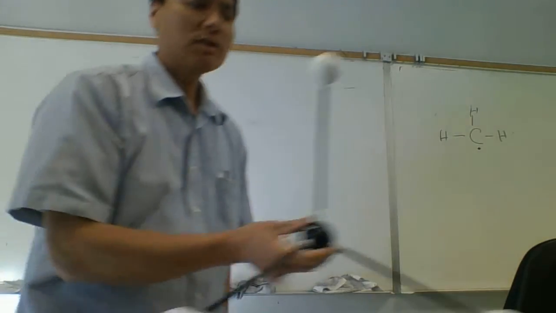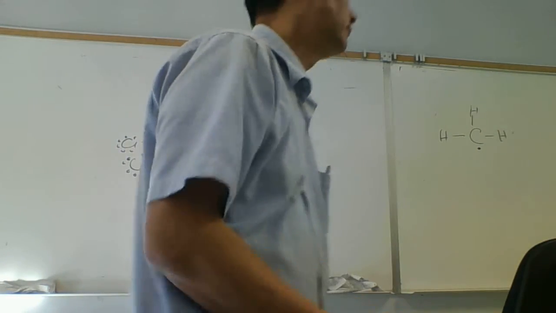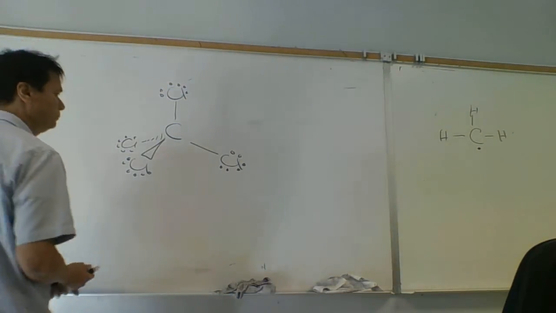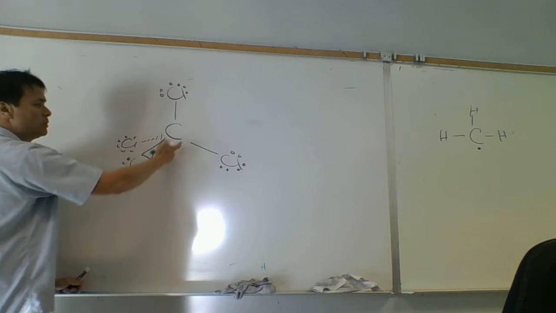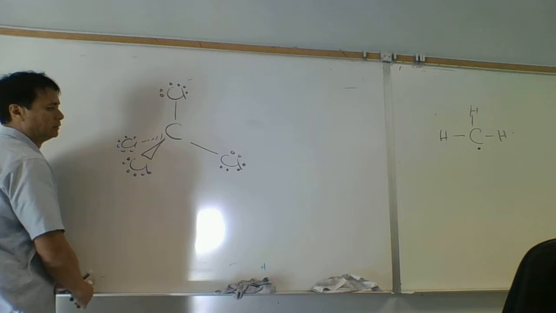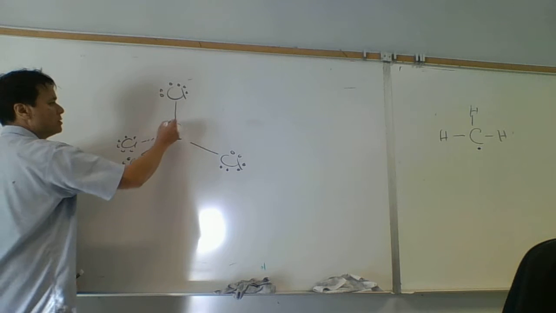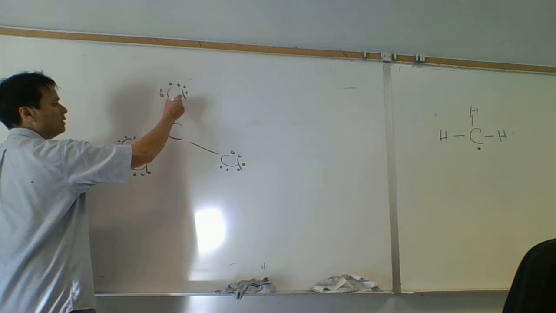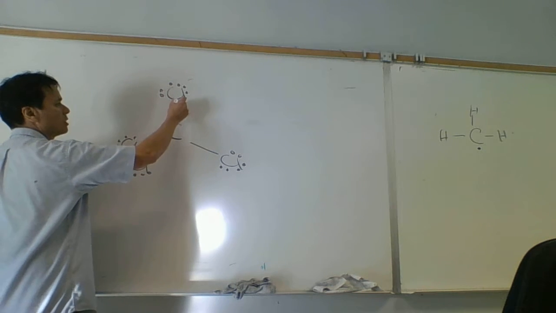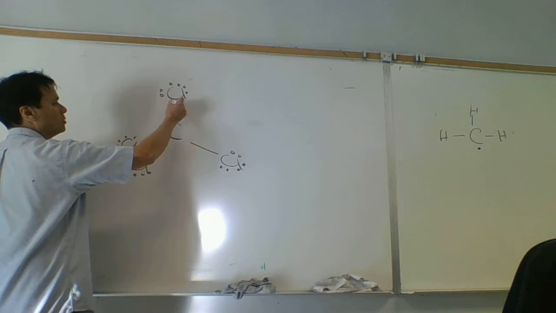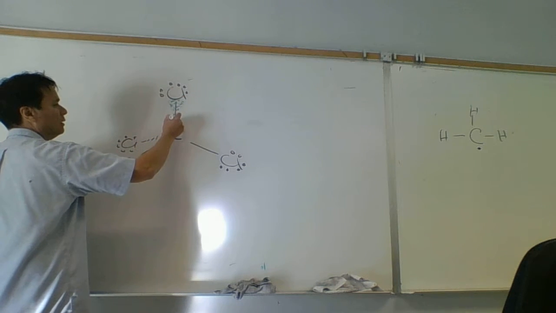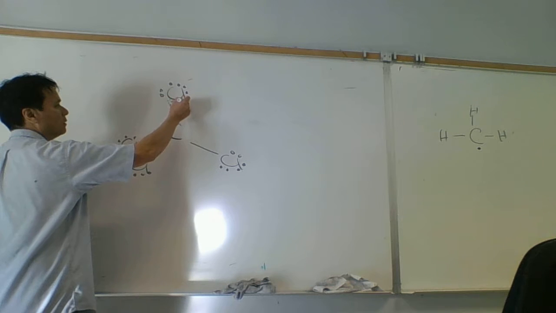Well, which one's more electronegative, chlorine or carbon? Which one's more electronegative? Chlorine. And so the electron cloud is going to be distorted. The electron cloud is going to be polarized towards chlorine. That is, chlorine has a stronger pull.